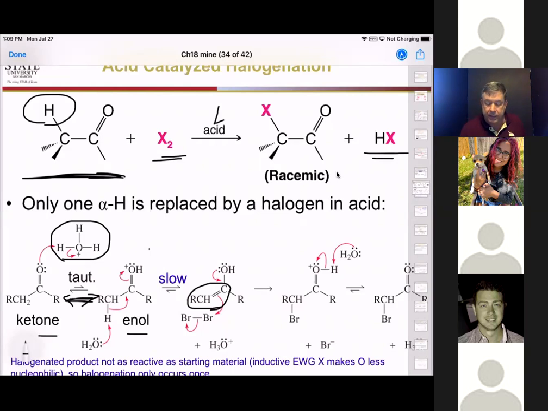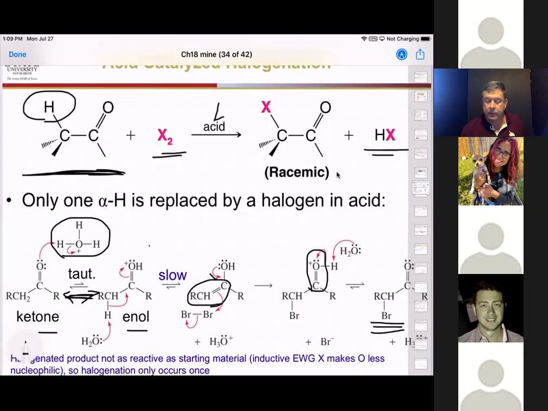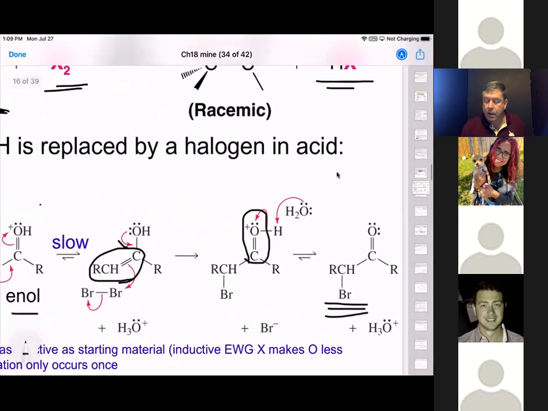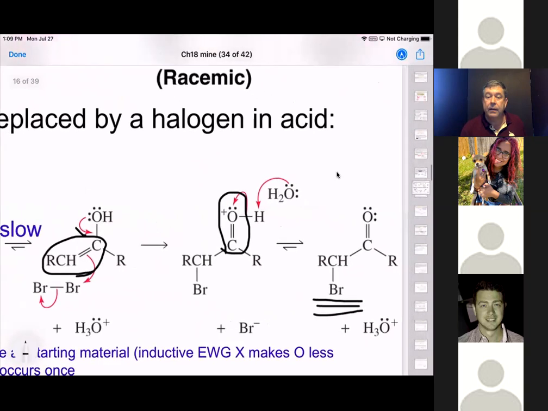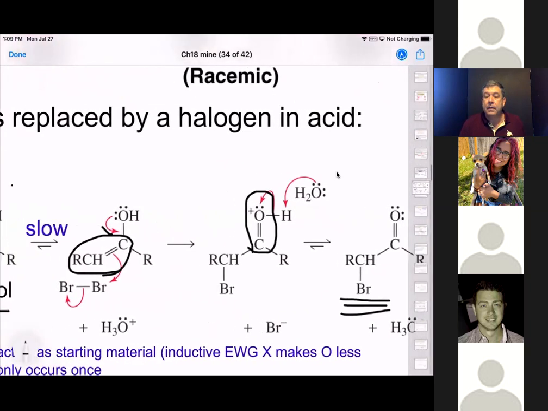Okay, when it does that, the electrons can kick in from the oxygen here to regenerate our protonated ketone species. And then our water comes in and regenerates our acid, and we end up with our final product here, which is our alpha bromo ketone now.